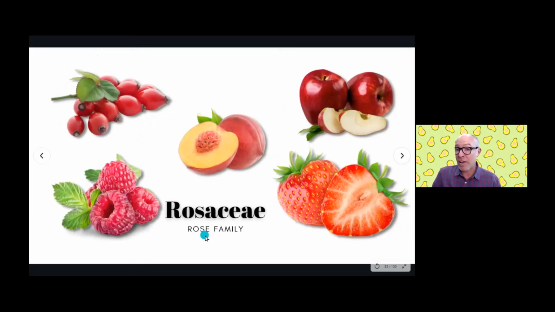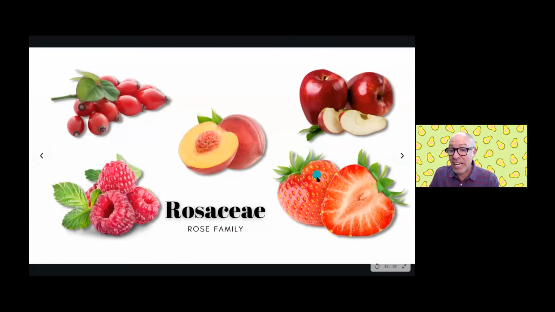The rose family contains rose hips, which are often made into jam. The stone fruits are in the rose family. Apples, so all of these fleshy bits are ripened ovary. Strawberry's a weirdo. The seeds are not on the outside of the strawberry fruit.